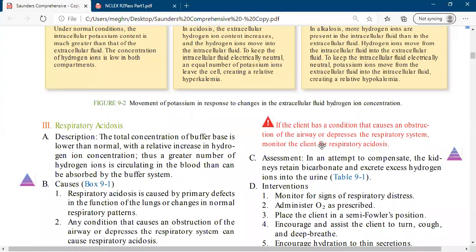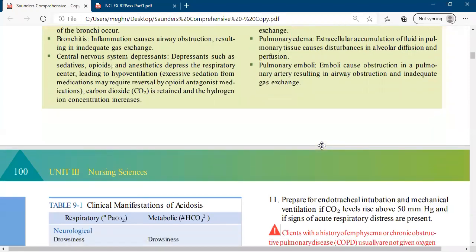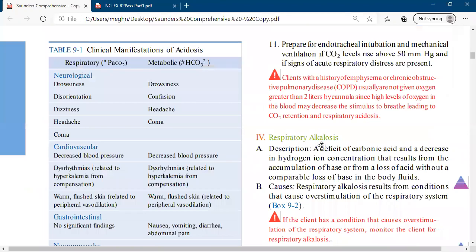So now go to the next one. Here they mention some differences between respiratory and metabolic, neurological signs and symptoms. Both are acidosis.